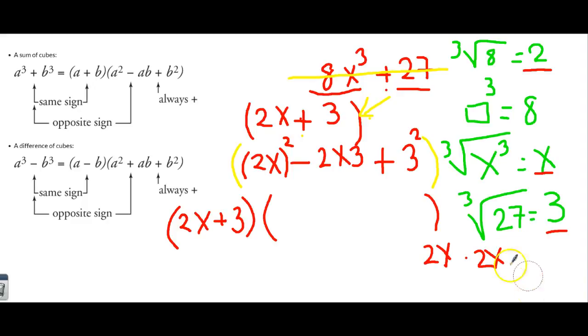Again, it is the same as saying what is 2x times itself. 2 times 2 is 4. x times x is x squared. Minus 2 times x times 3 is simply, what is 2 times 3? 6x plus, what is 3 times 3, or 3 squared?